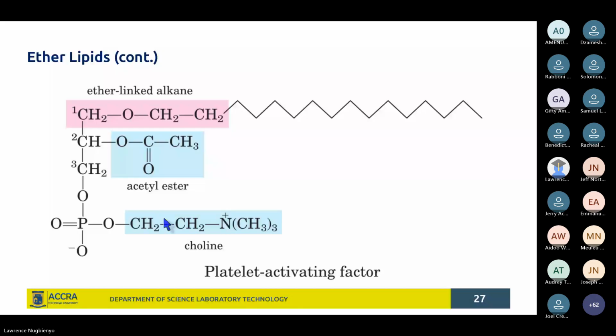Now, we have the platelet activating factor, also having choline there on that phosphate group. And I was mentioning that the platelet activating factor has a major role to play in inflammatory reactions. I mean, just the name, platelet activating. So this is a compound that activates platelets.